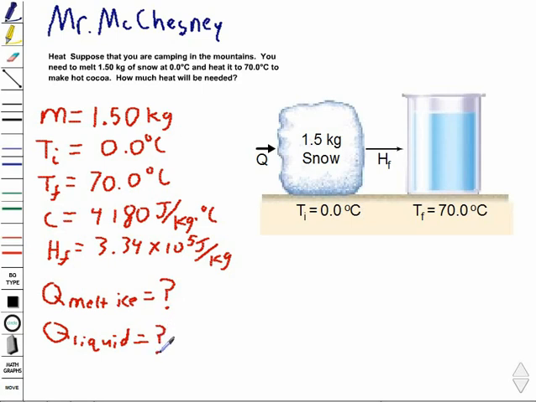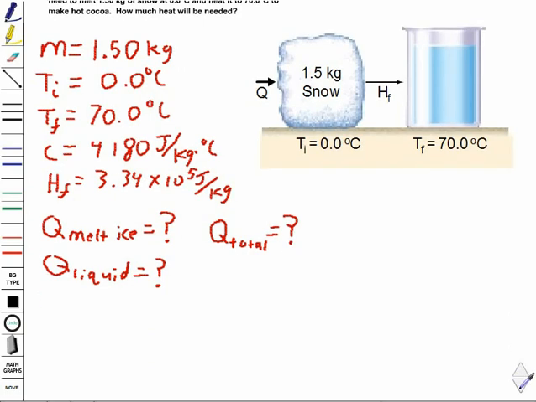And then finally, I don't know what the total number is for everything added together. So this is really a two-step problem where you have to add the final two answers together.